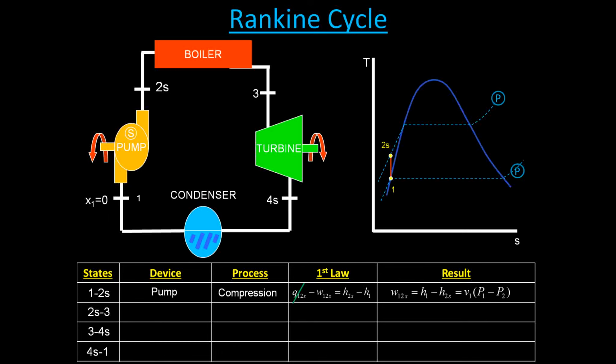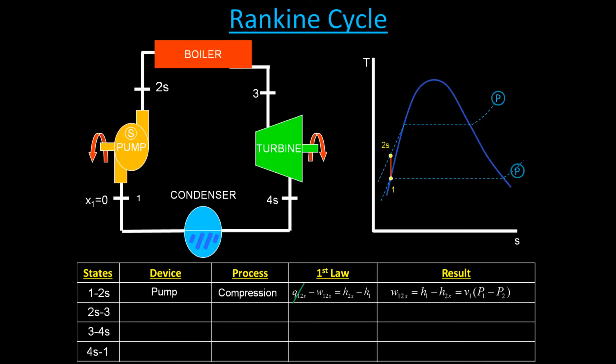And so we can rewrite this as the work is equal to enthalpy at state 1 minus enthalpy at 2s, or remember for a pump, because we're going to assume that it's incompressible, we can rewrite this as the specific volume v1 times the change in pressure from pressure 1 to pressure 2. And that will be the work done by an ideal pump in this case for the Rankine cycle.